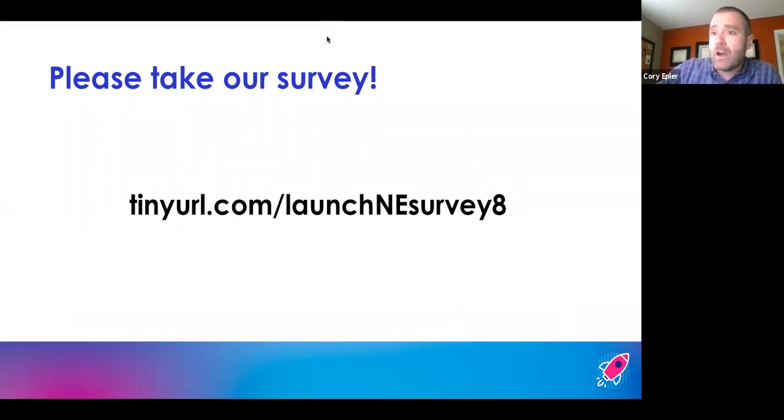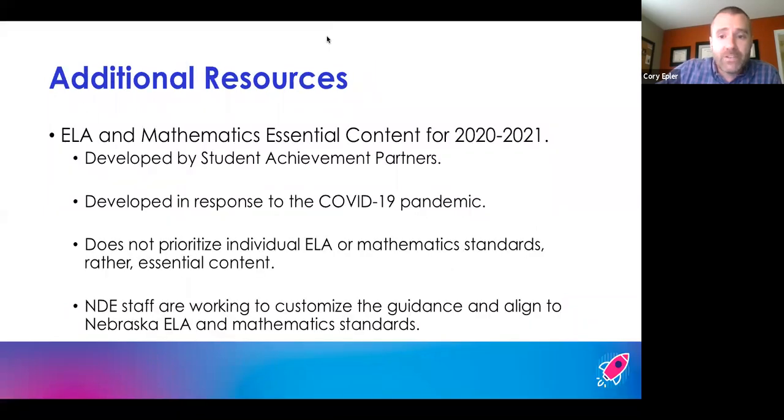I wanted to talk just about a couple of resources that are available and that were mentioned. So on Friday, I sent out to district curriculum contacts a resource that was developed by Student Achievement Partners in response to the current pandemic.